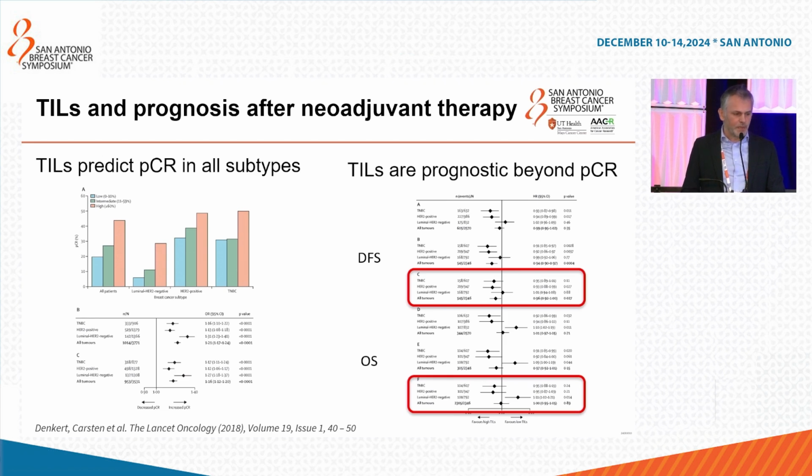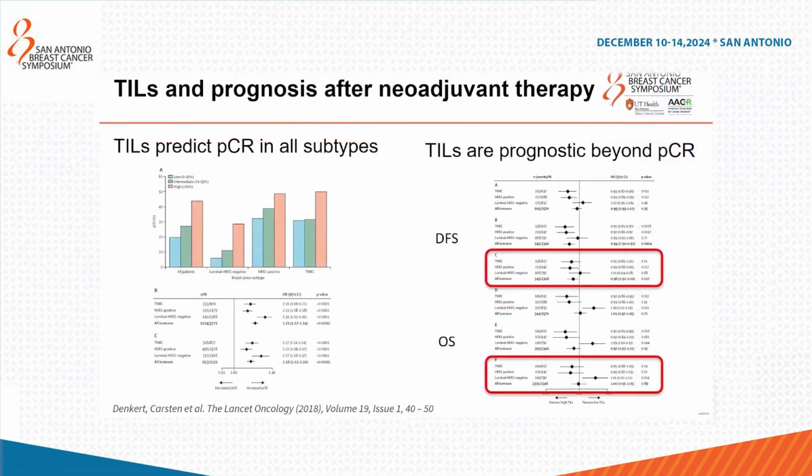They could see that TILs could predict pCR in all clinically defined subtypes of breast cancer, with high TILs being correlated to high pCR rates.